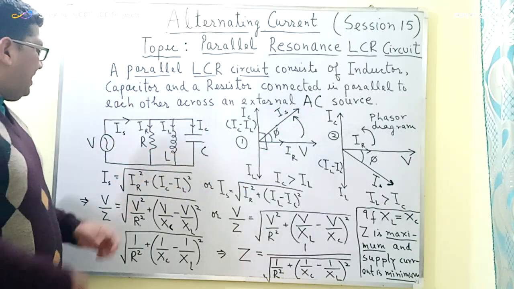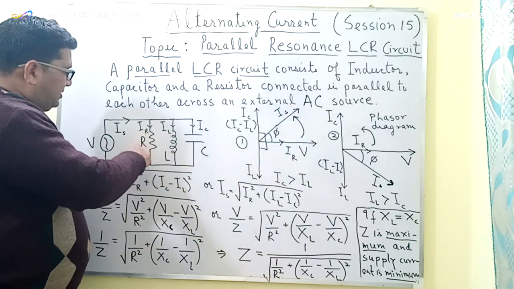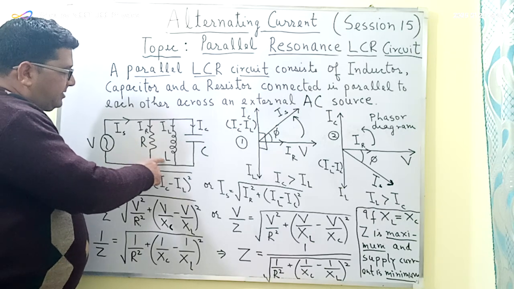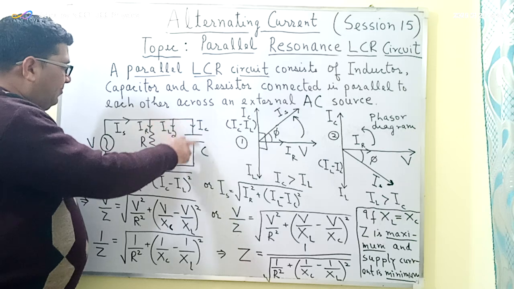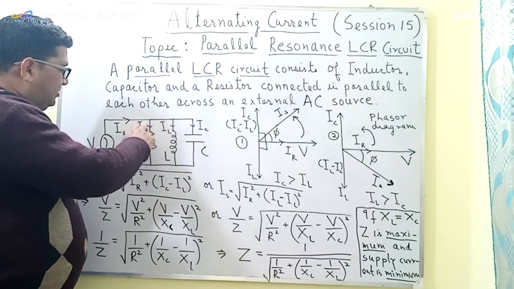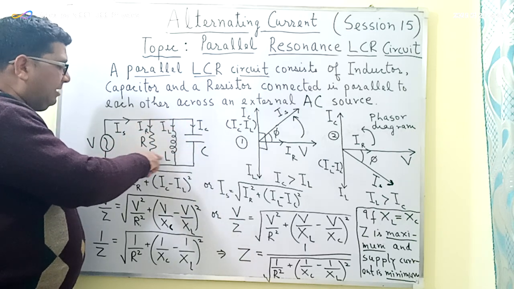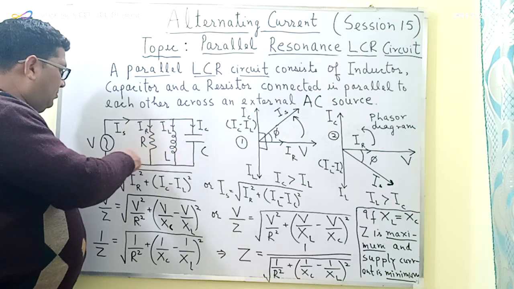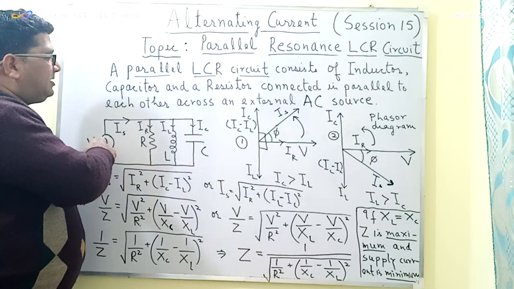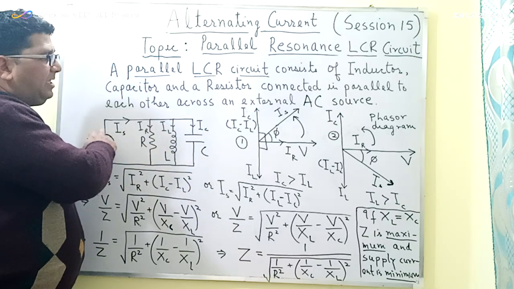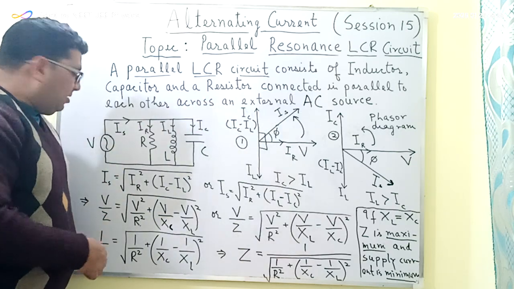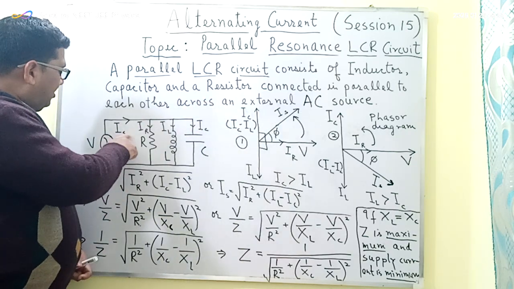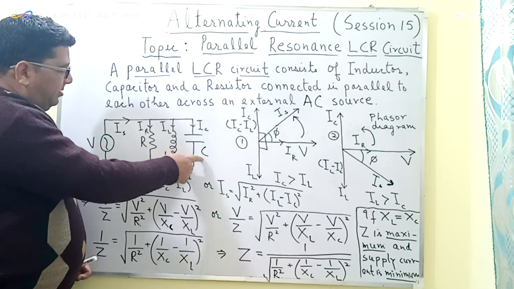So this is the diagram in which there is a resistor, inductor and a capacitor which are connected in parallel to each other. These elements are connected in parallel across an external AC source as shown in this figure. ये आपके AC source है and ये आपके तीन elements हैं.